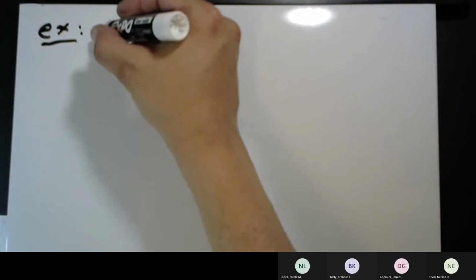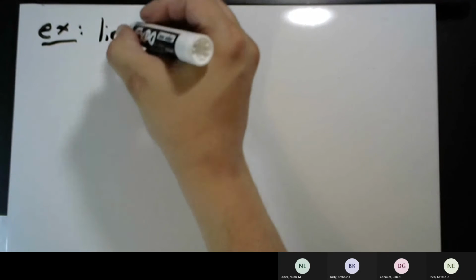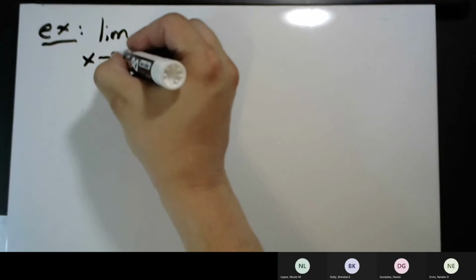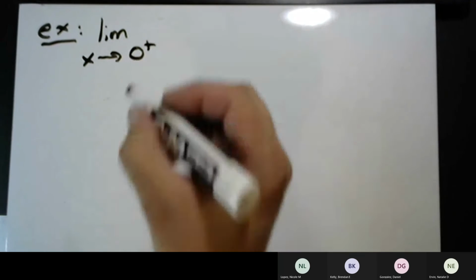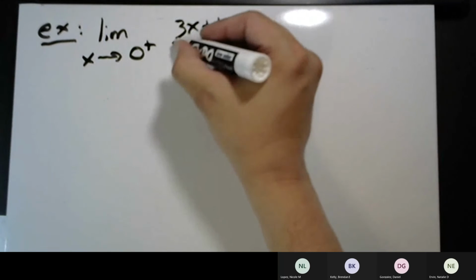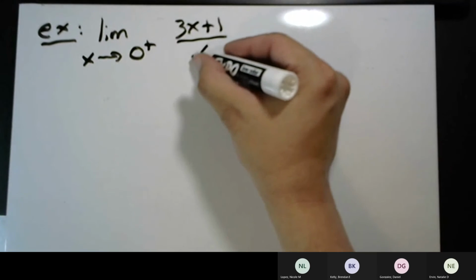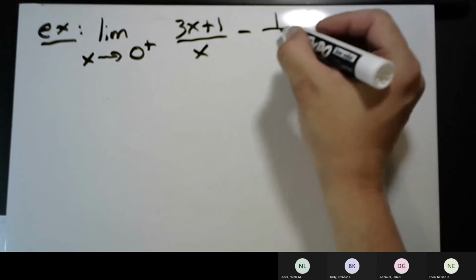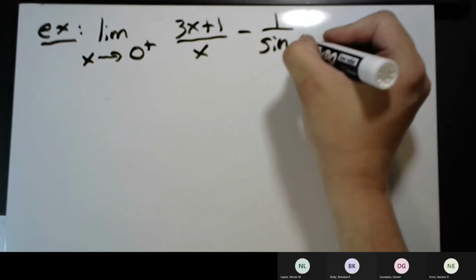So let's say we have the limit as x approaches 0 from the right of 3x plus 1 over x, minus 1 over the sine of x.